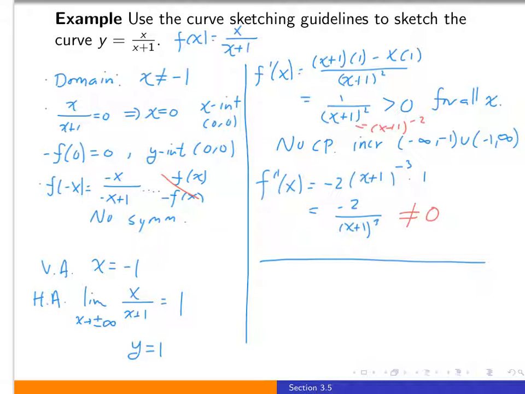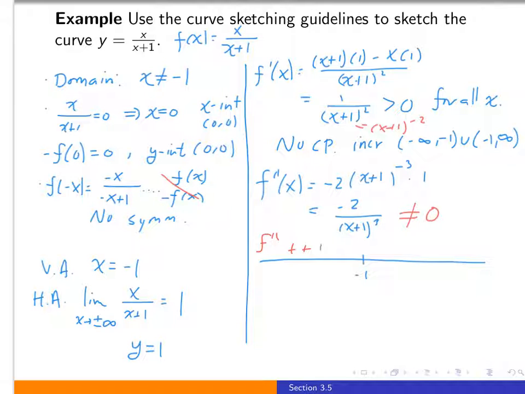So we have to look at where the bottom is undefined, minus 1, and think about the sign of f double prime to either side of it. If we plug in a number to the left of minus 1, think minus 2, you would have a negative in the top, and you would be dividing by minus 1 cubed, which is also negative.